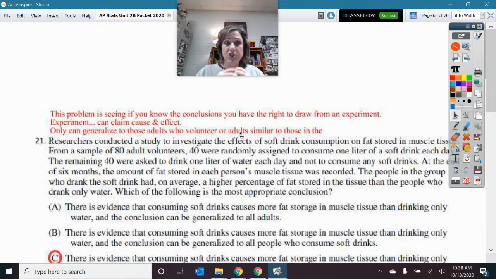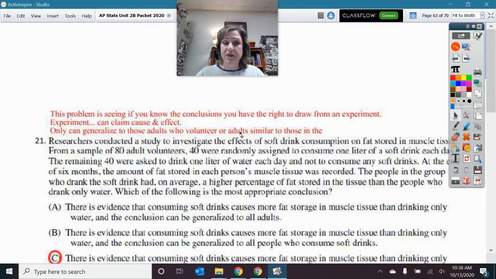Or you can generalize to subjects similar to those volunteers because they might have a particular quality. They're more health conscious or they're more desperate or whatever. Now, if it was randomly selected tomato plants, then yes, you could generalize to all tomato plants. But sometimes experiments are limited in who we can generalize to, especially with human subjects.